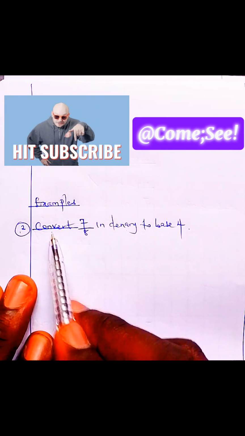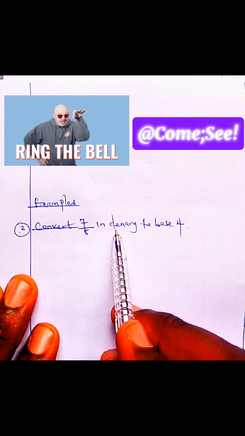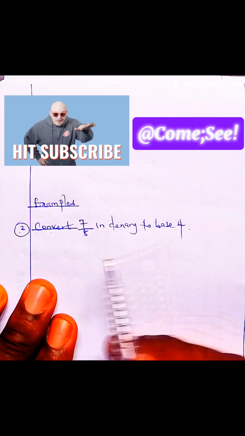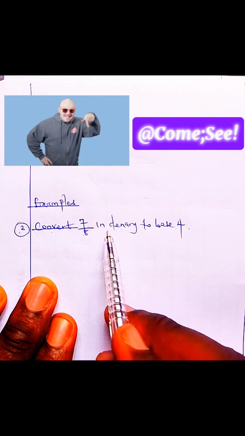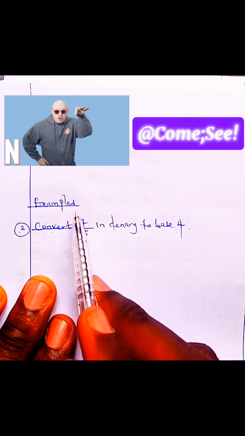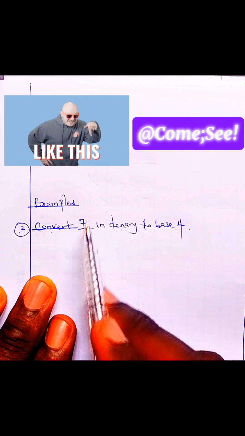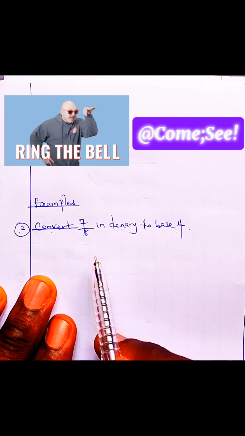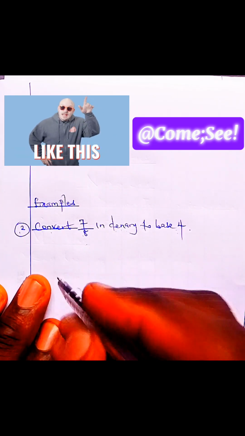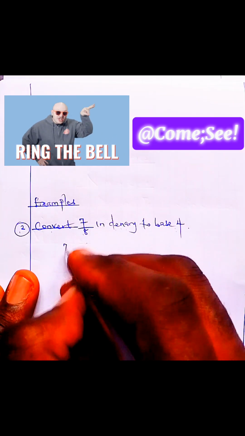Question 2. Convert 7/8 in base 10 denary to base 4. Now, how do we convert 7/8 in base 10 to base 4? As you can see, this is a fraction. You can decide to convert this first to decimal to make it very easy. So first of all, I'm going to convert this to decimal. This is 7/8.